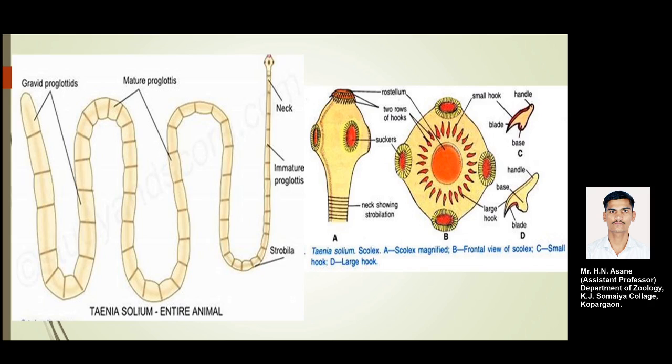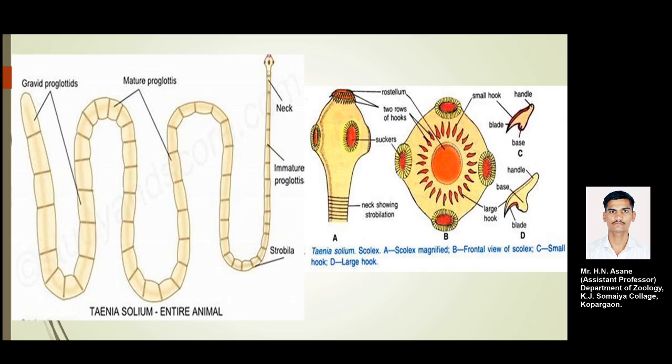The upper part of the rostellum contains small hooks, and the hooks have blades to get properly attached to the intestinal mucosa. It has both small and large hooks for proper attachment.